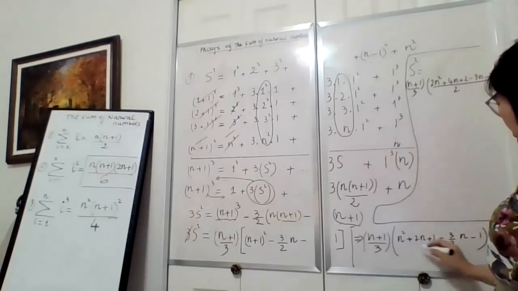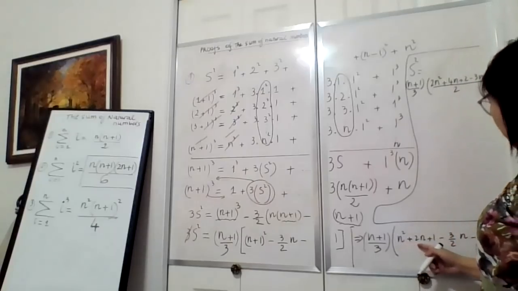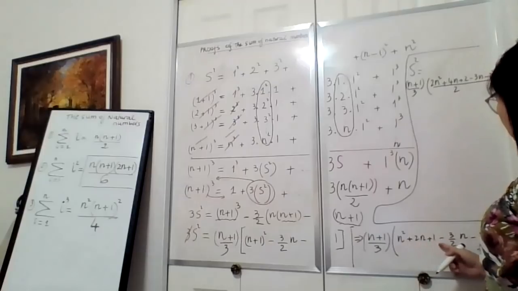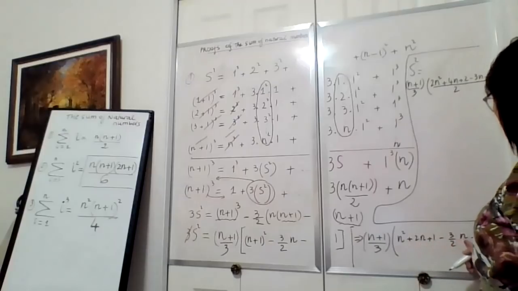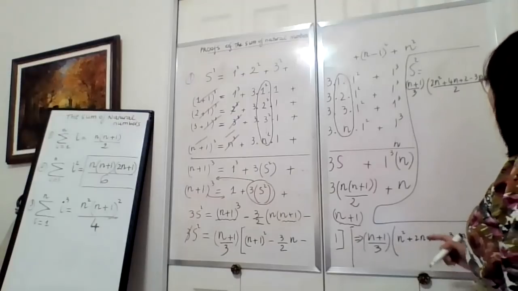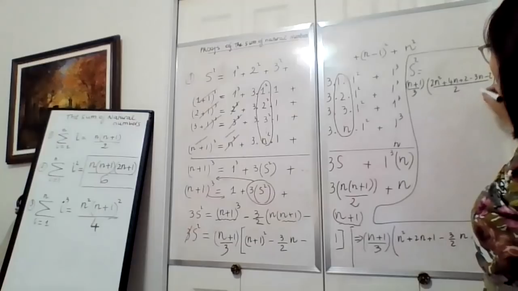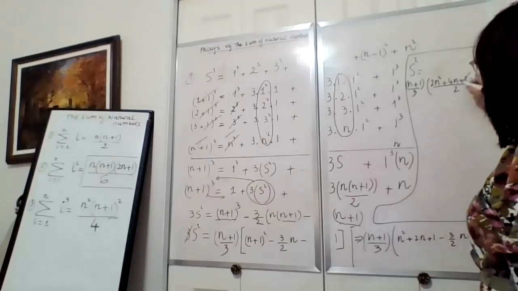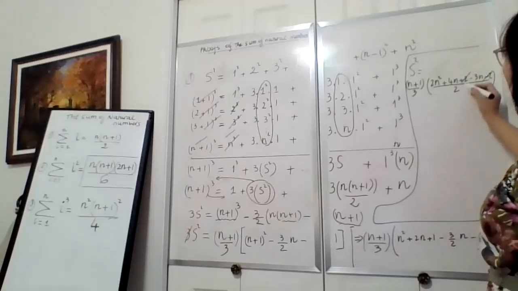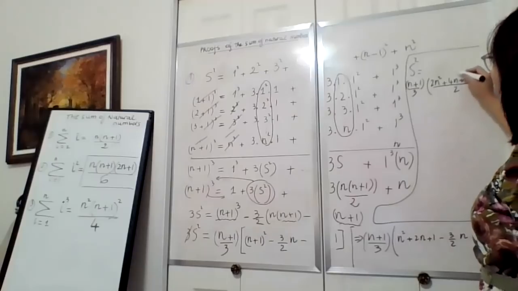So I just do the common denominator, so that 2n squared plus 4n plus 2 minus 3n minus 2 over all of them over 2. Okay, so I'm going to cancel whatever I can in here. Plus 2 minus 2 gone, right? 4n minus 3n.